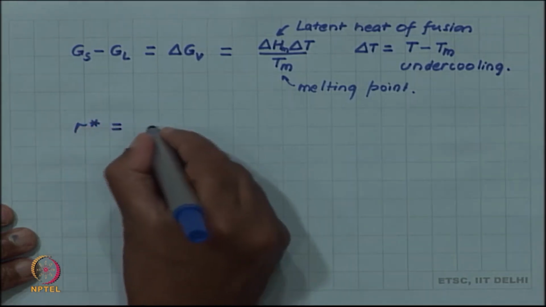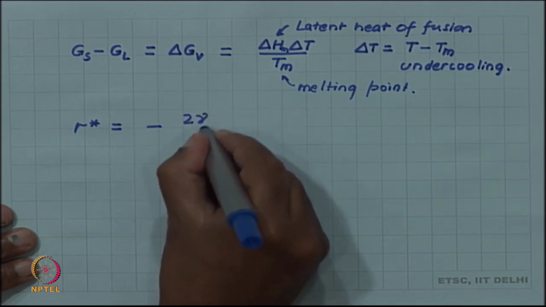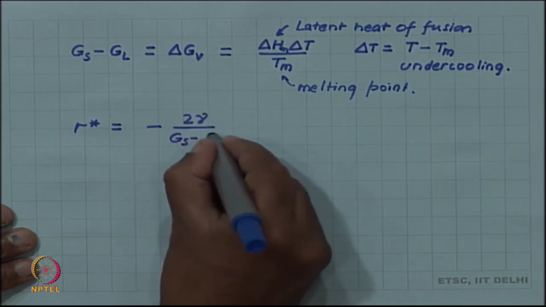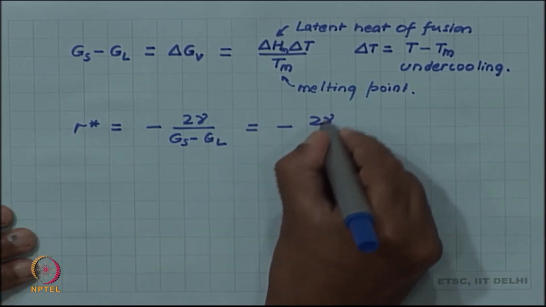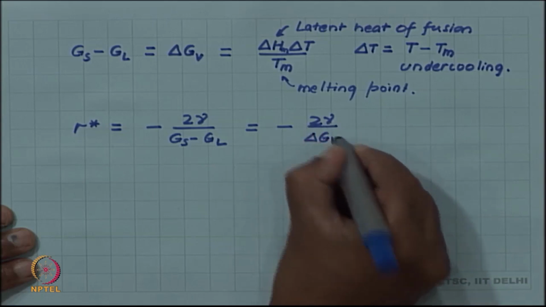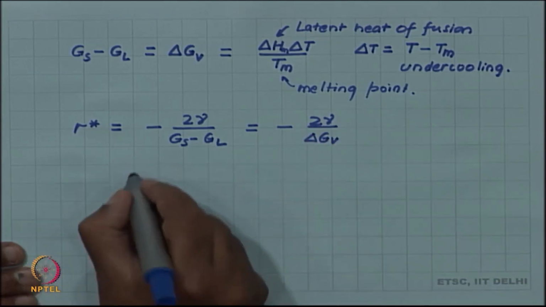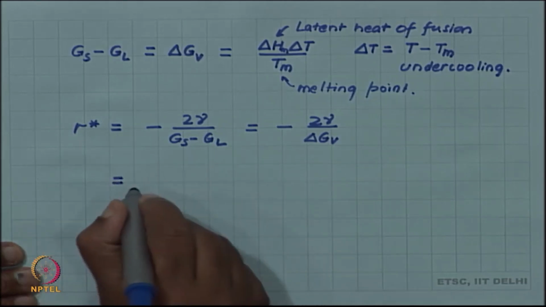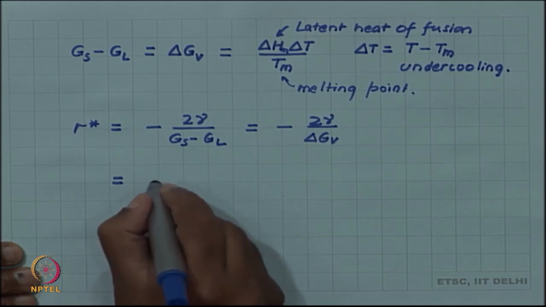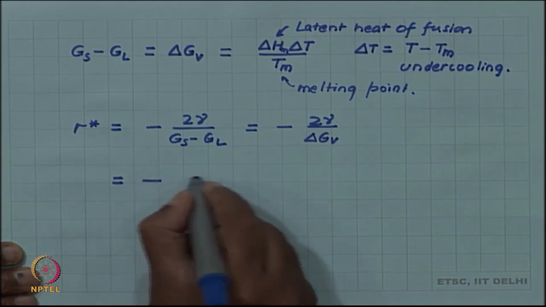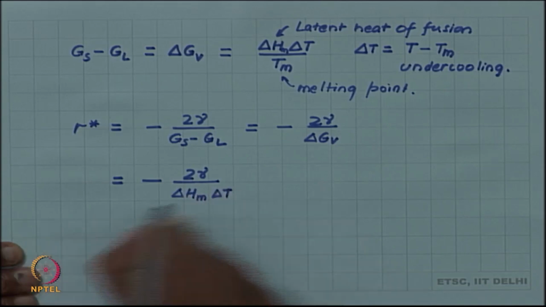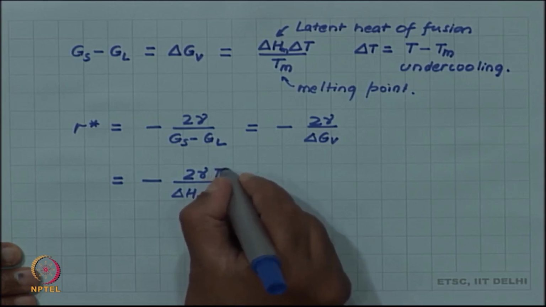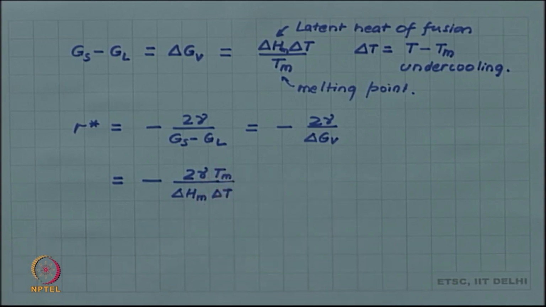We can write R star is equal to minus 2 gamma by (Gs minus Gl), that is delta Gv, which is delta Hm delta T by Tm.